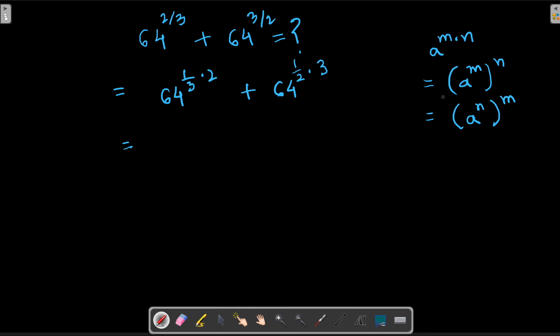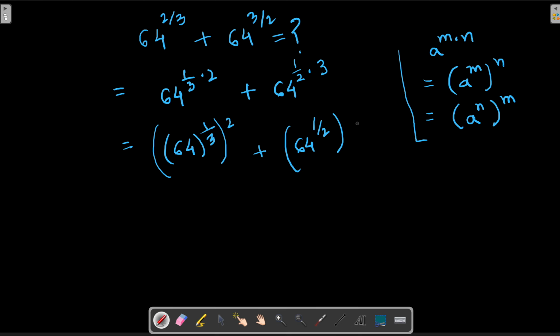So then by this formula, on this side you can write 64 to the power 1 by 3 first and then whole to the power 2. Similarly 64 to the power half first, okay, and then to the power 3.